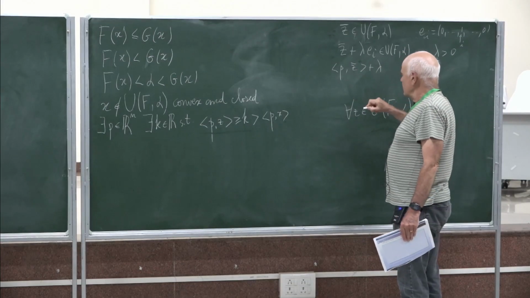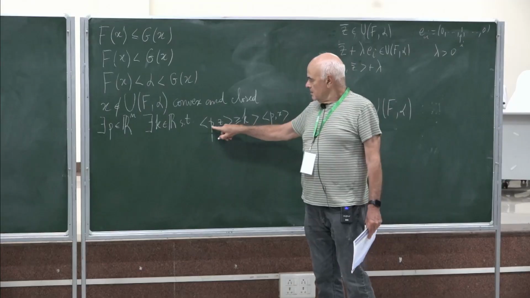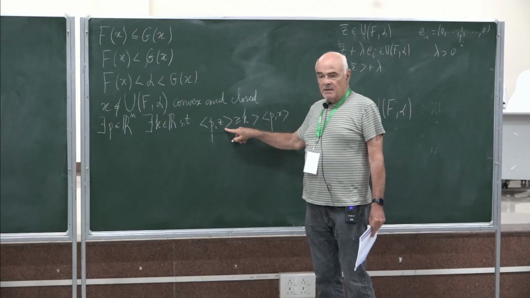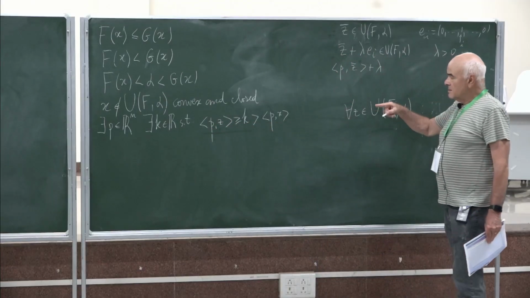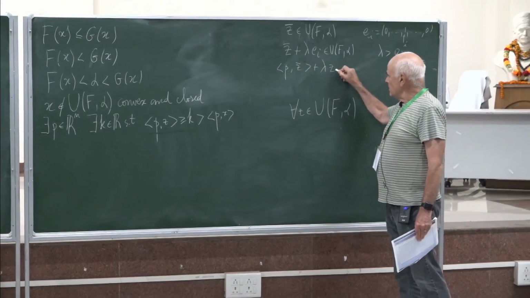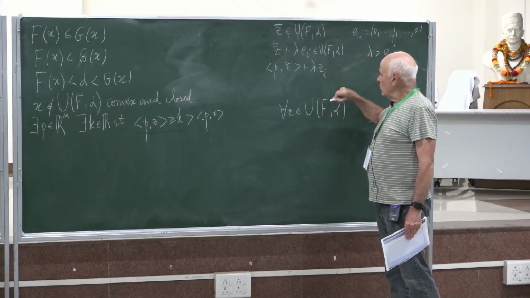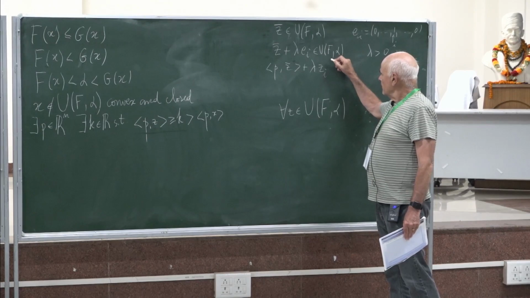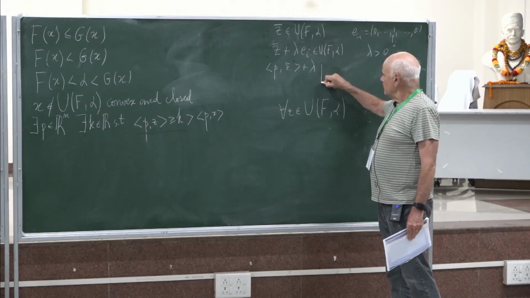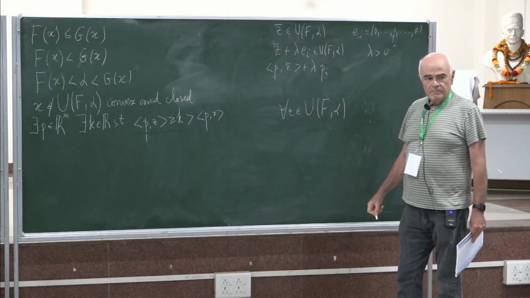But then, if we multiply EI with Z, we get the ith component of P. Okay?